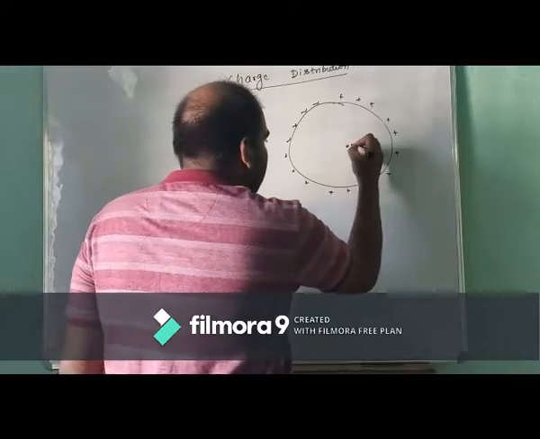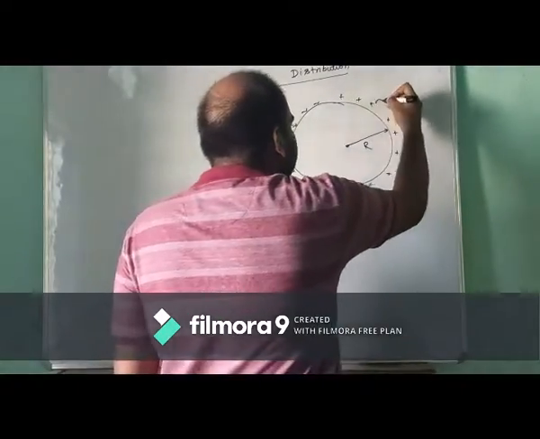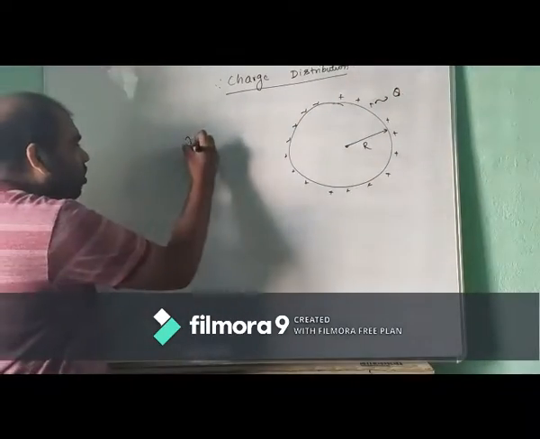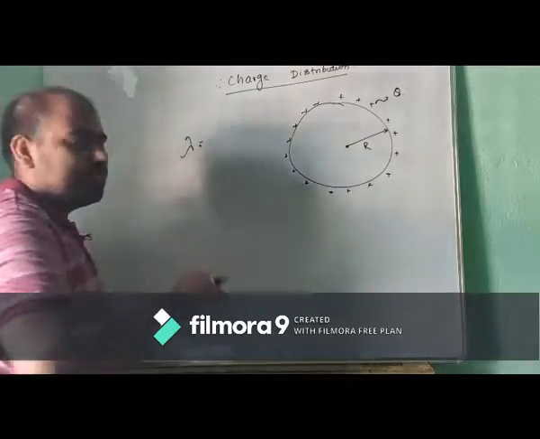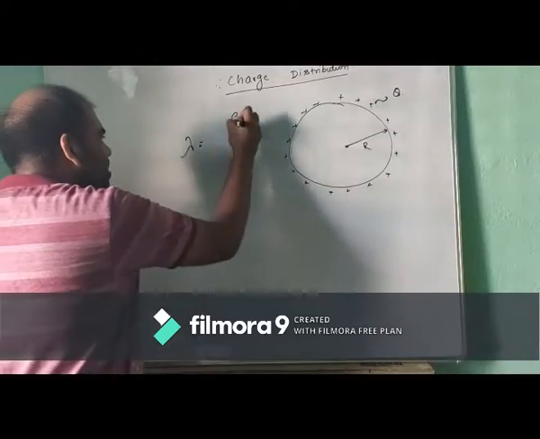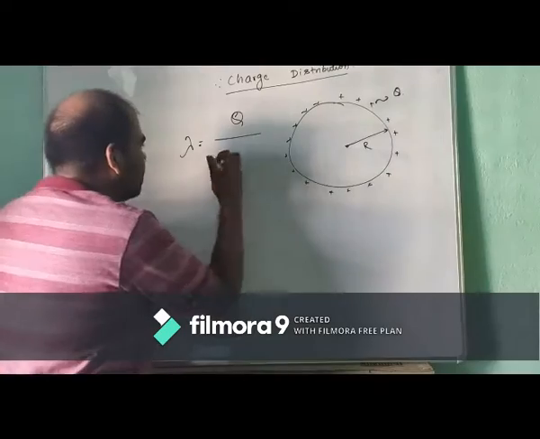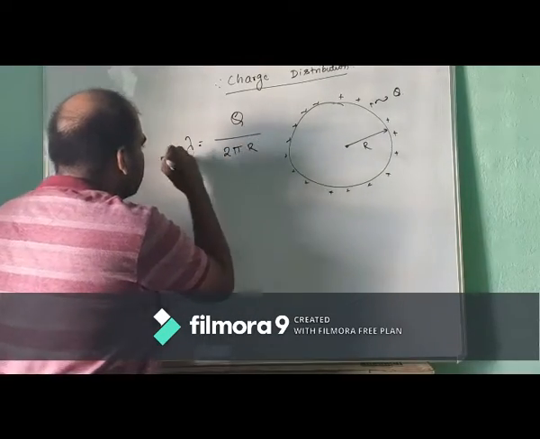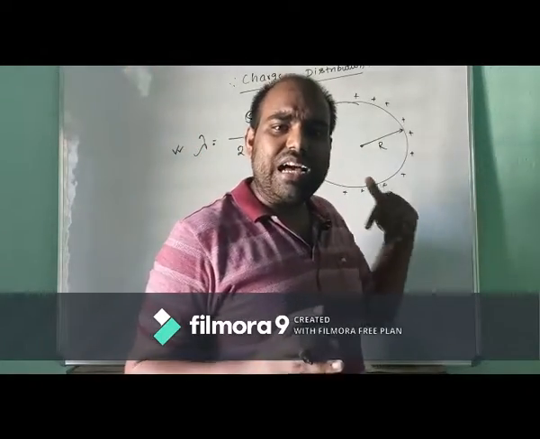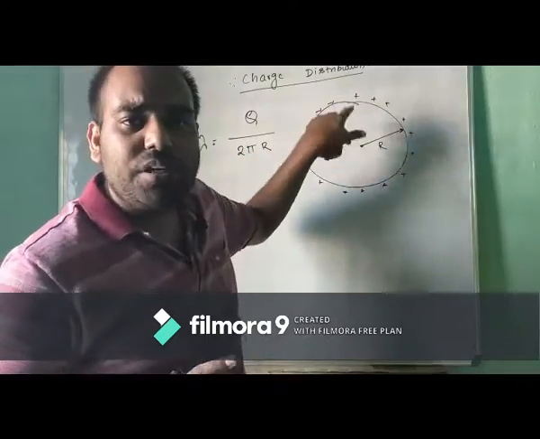The radius of the ring is r, and the net charge on the ring is q. Let us find the linear charge density, lambda. The charge is q divided by the length of the ring, which is 2 pi r. This is lambda. This example shows a uniform linear charge distribution, where the charge is uniformly distributed.